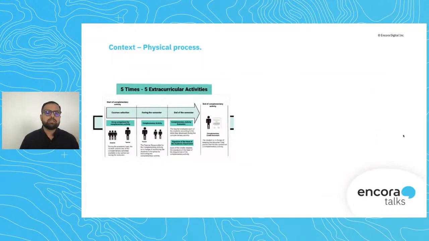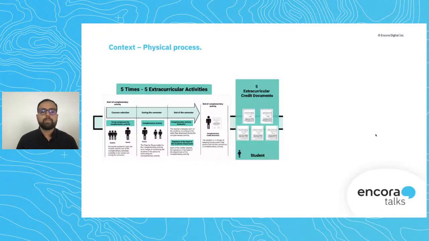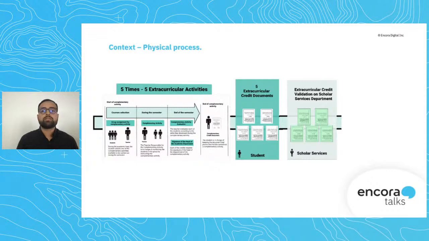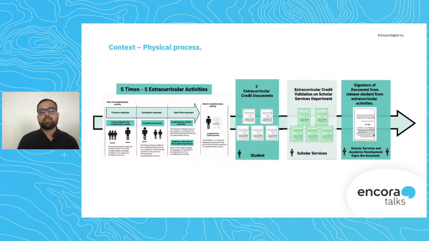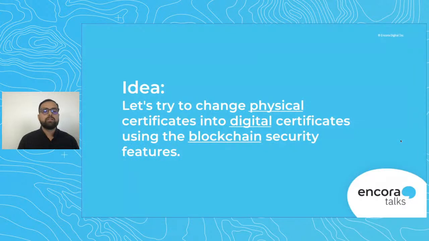Students must finish 5 extracurricular activities, so they have to make this process 5 times, which means that the student keeps 5 physical documents. Then the students must validate those 5 documents at the Scholar Services Department. And at the end, there was the signature of a new document that releases students from extracurricular activities. Again, this was a physical document. Okay, so there is our idea.